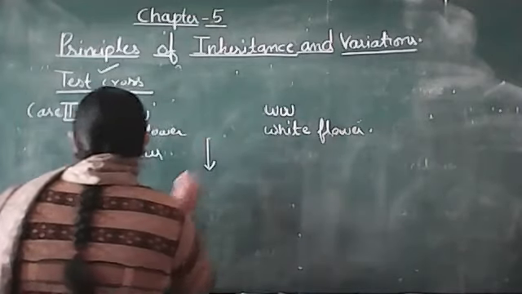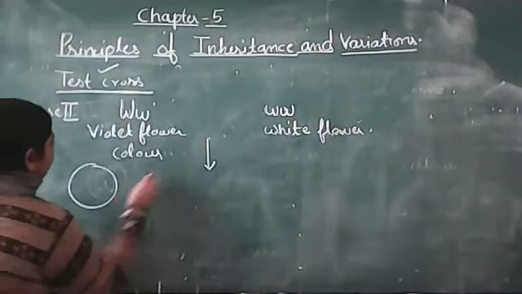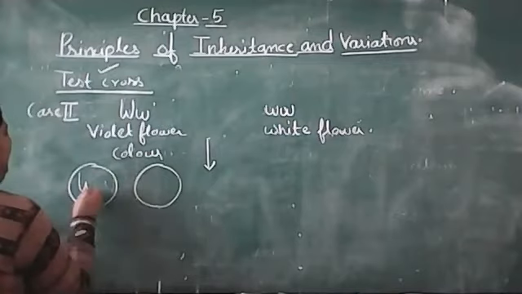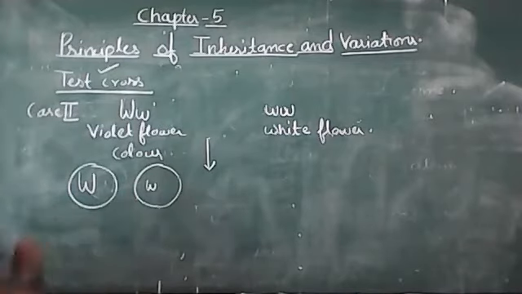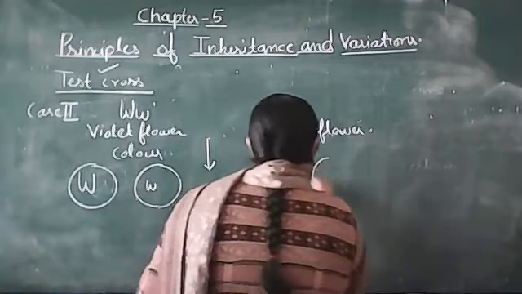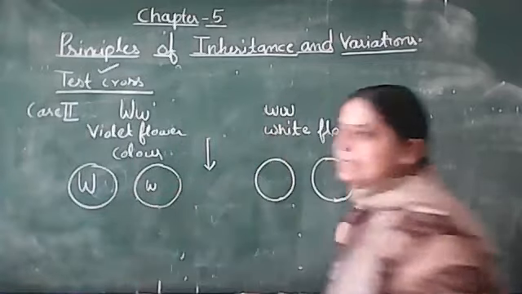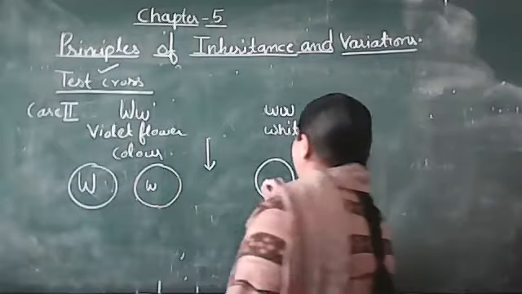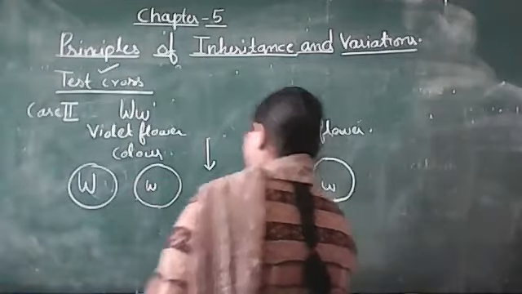So in this, what kind of alleles do we obtain for the first parent? We have one capital W and one small w. And for the other parent, as it is recessive, both the alleles are similar. So here we obtain both small w's.